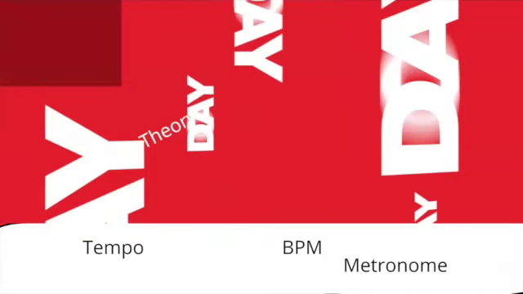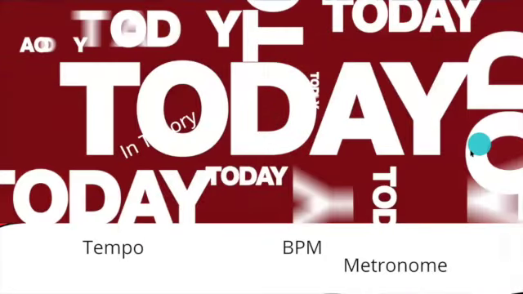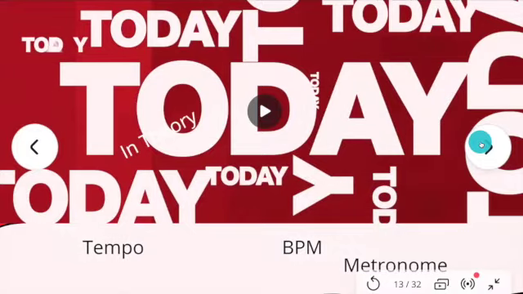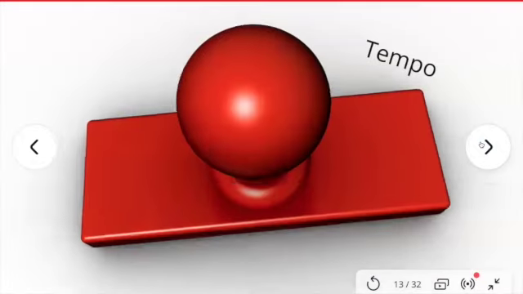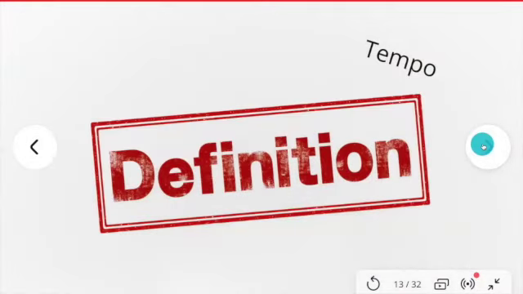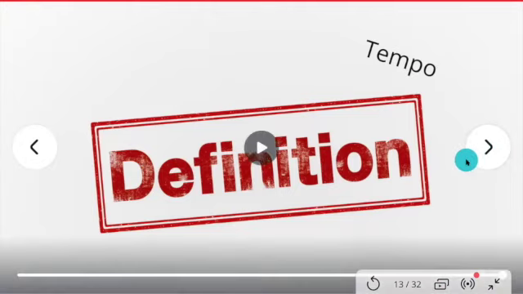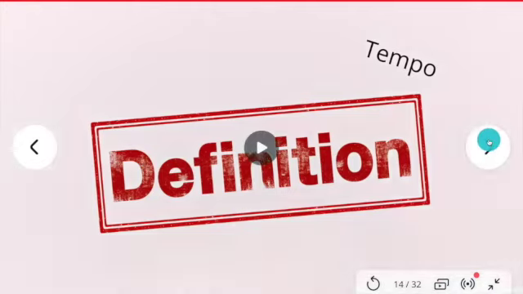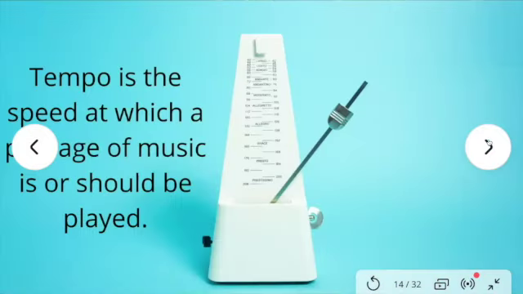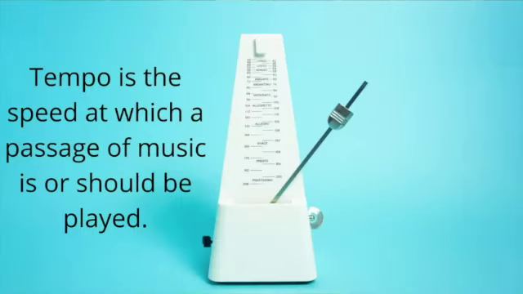So today we're going to talk about tempo, BPM, and metronome. You thought, well, we've already got a definition of tempo. Well, we're going to have a further one. Tempo is the speed at which a passage of music is or should be played.